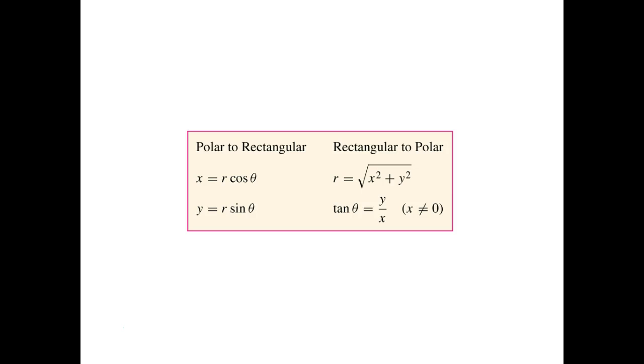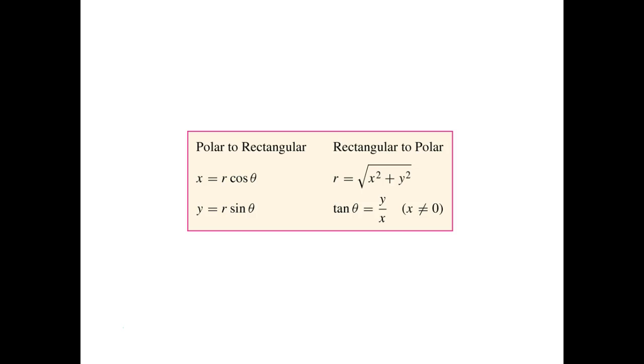This works whatever your r's and thetas are, no problem. This one, like I said, sometimes people refer to minus r's. This definition does not allow a minus r. It's a principal square root, so it's always positive.